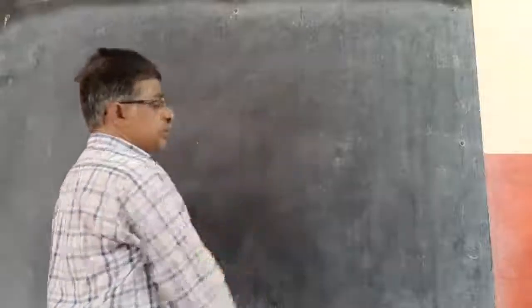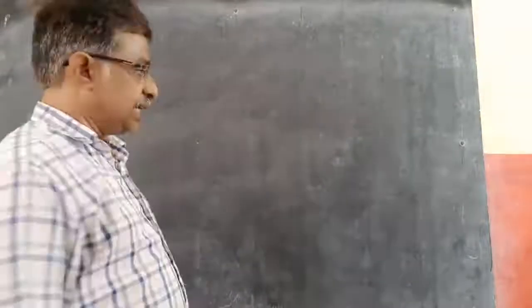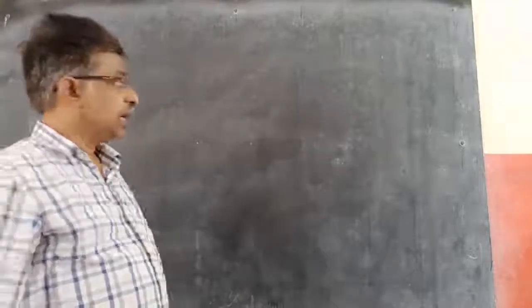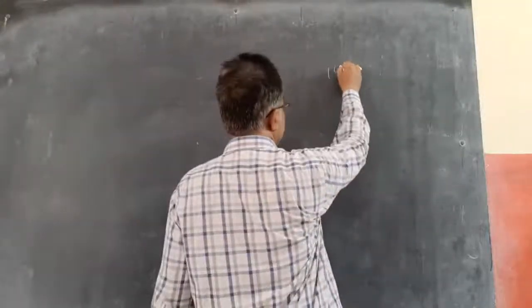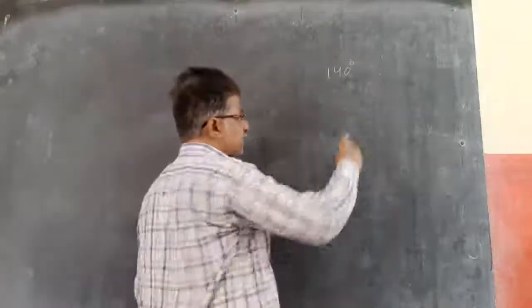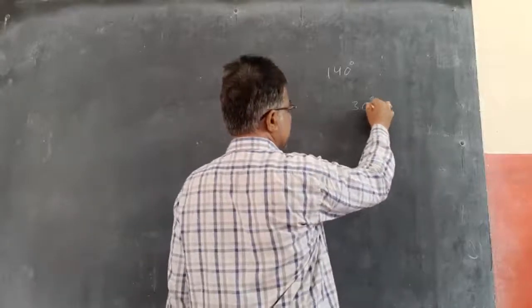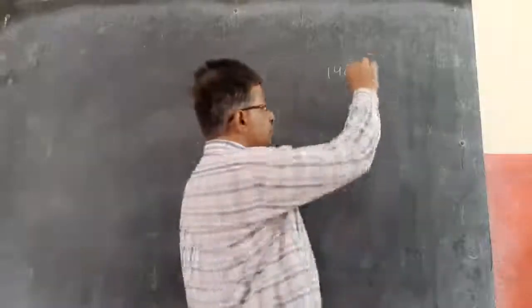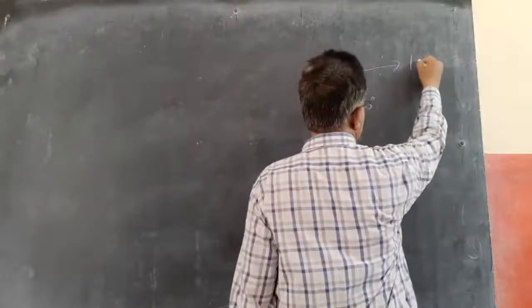If you go deeper into physics, into heat: an object is heated up to a temperature of 140 degrees and kept in a room whose temperature is 30 degrees. How much time will it take to cool down to 120 degrees?